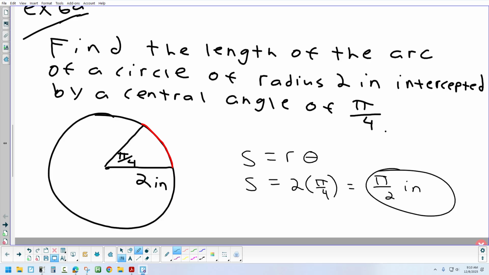What part of a circle is 45 degrees in terms of how much of a revolution it is? An eighth. So if you figured out the circumference of this circle and then took 1/8 of it, that would give you the same answer. It's just a little more thinking, because then you have to figure out the percentage of the circle you're looking at and then multiply it by the circumference, and this is just faster.